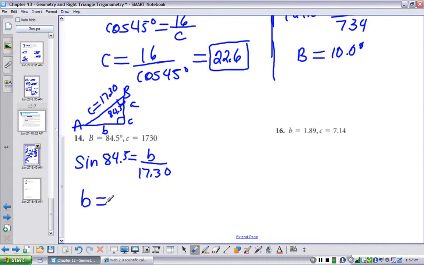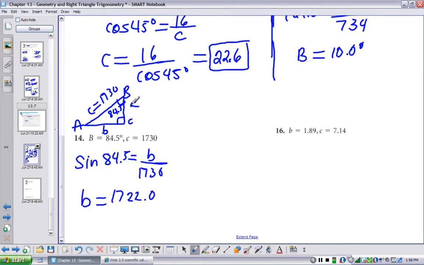So if I multiply both sides by 17, oh, that's not 17.3, that's 1730, large number there. So 1730 times sine of 84.5 gives us B. So B is 1722.0.